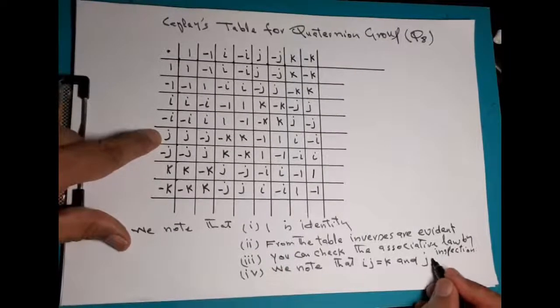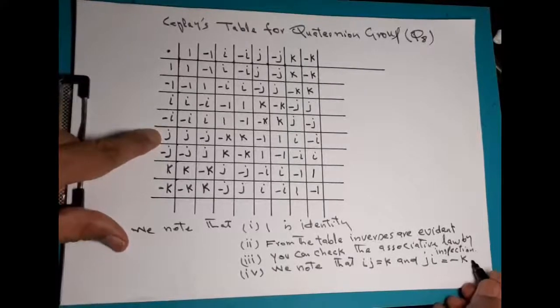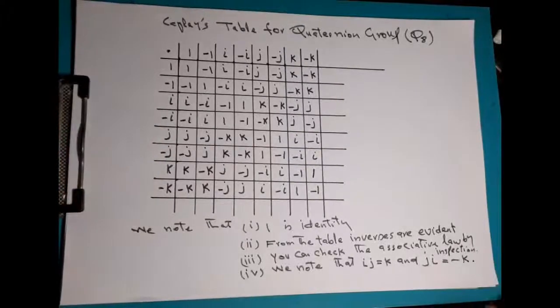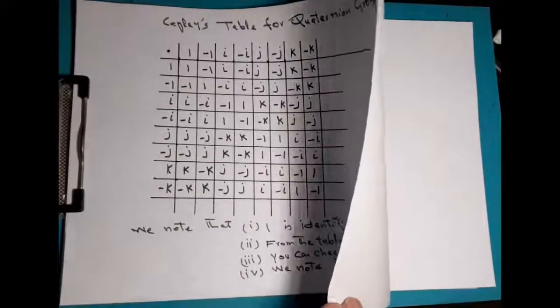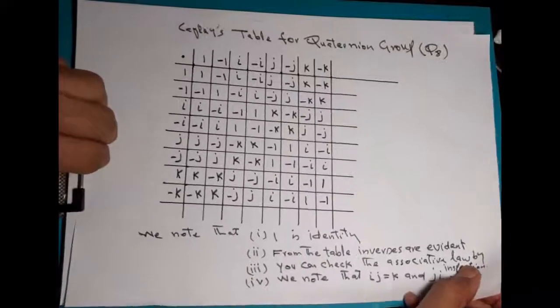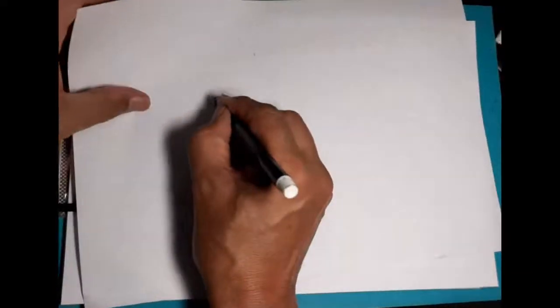So this particular group is a non-commutative group. So therefore, the Quaternion group is a non-commutative group.